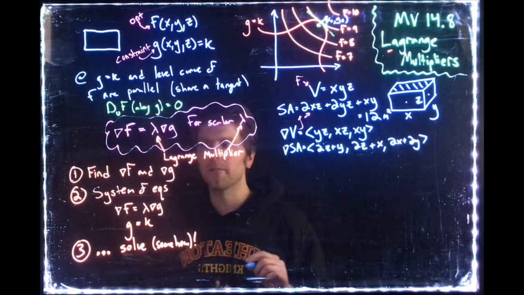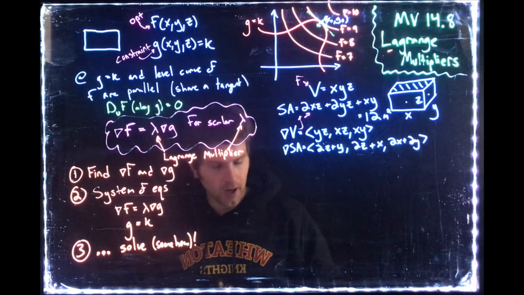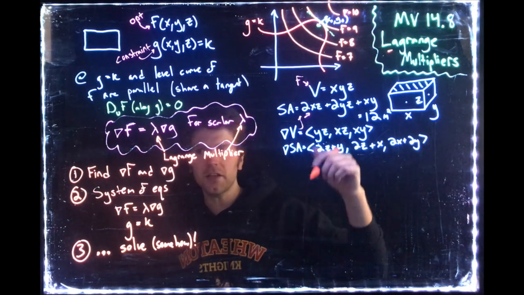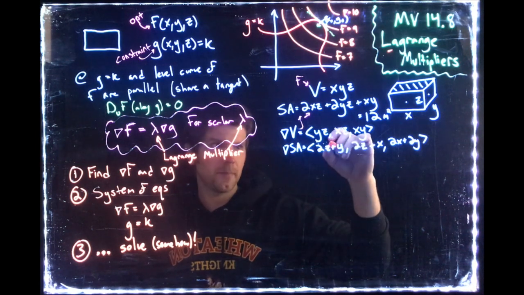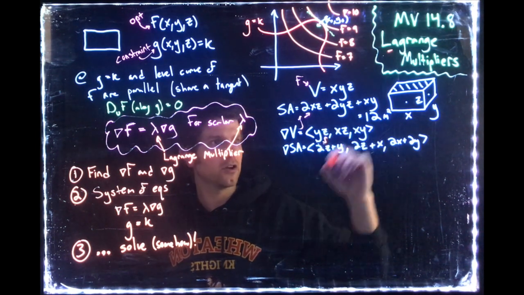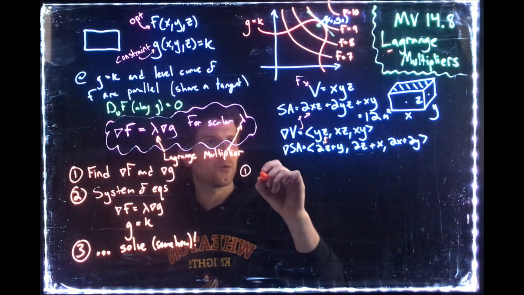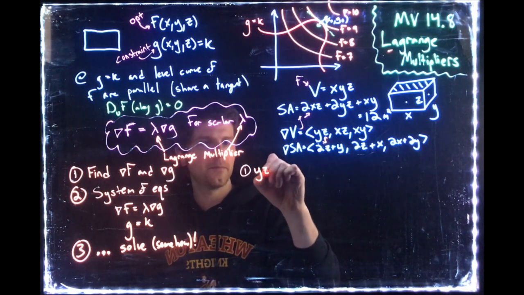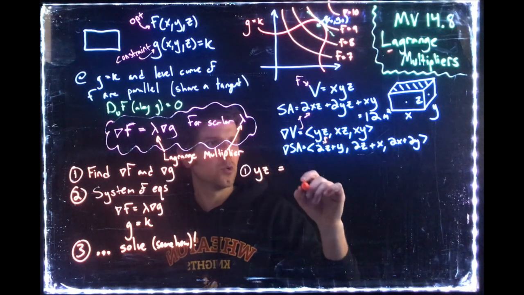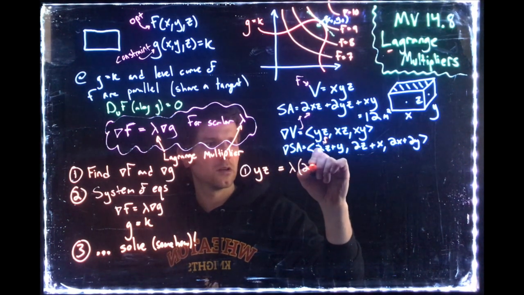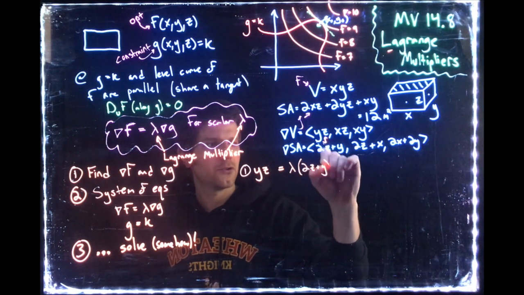So here are my equations. And again, if these vectors are going to be parallel, that means I can look at each of the components. So if I look at my first component, I'm going to get yz equals lambda times (2z plus y).